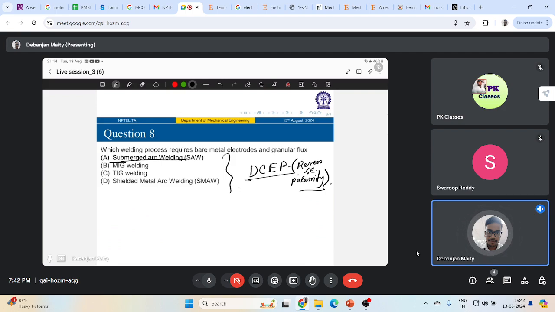Since the arc is submerged, there will be low spatter, and heat losses to the surrounding air will be basically eliminated even at high welding current, right? Both alloying elements and metal powders can be added to the granular flux to control your weld metal composition. It can increase the deposition rate. So all those aspects are there for submerged arc welding.